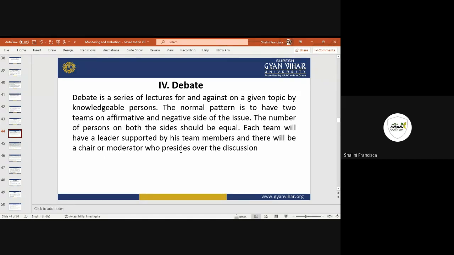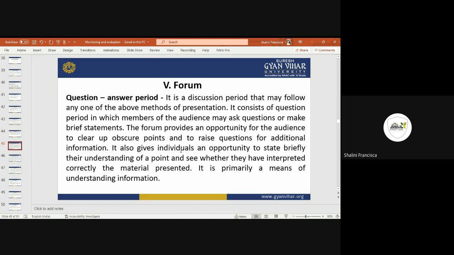And the panelists, some judges, are kept to say whether the debate is going from one point to another. It should circulate on the particular point that is given by the panelists or the judges.